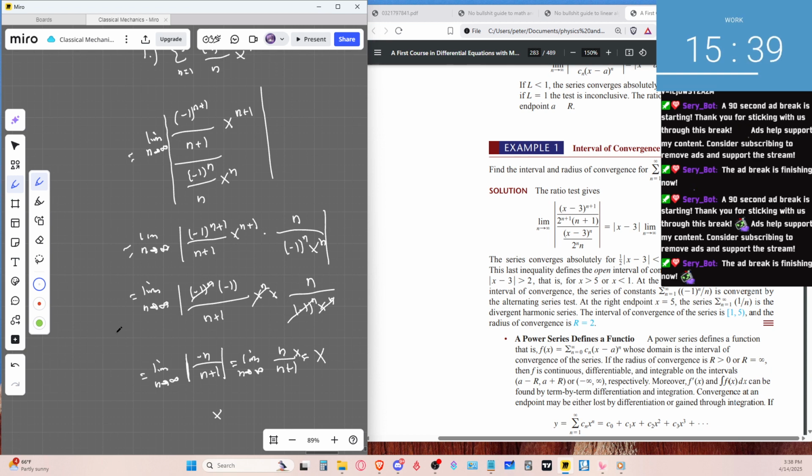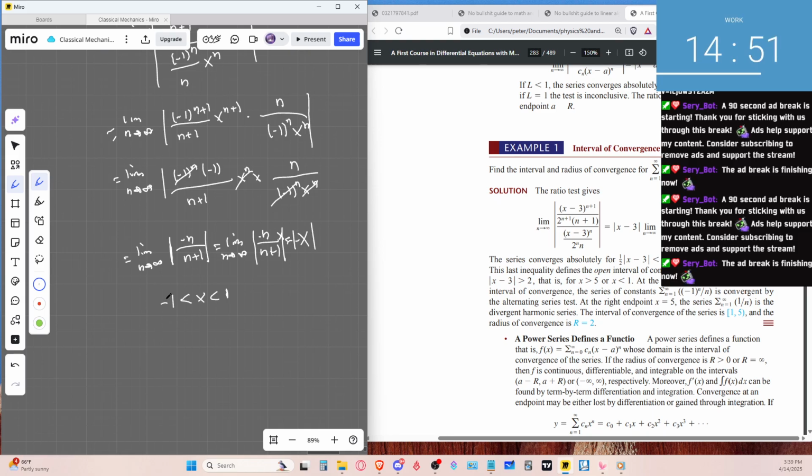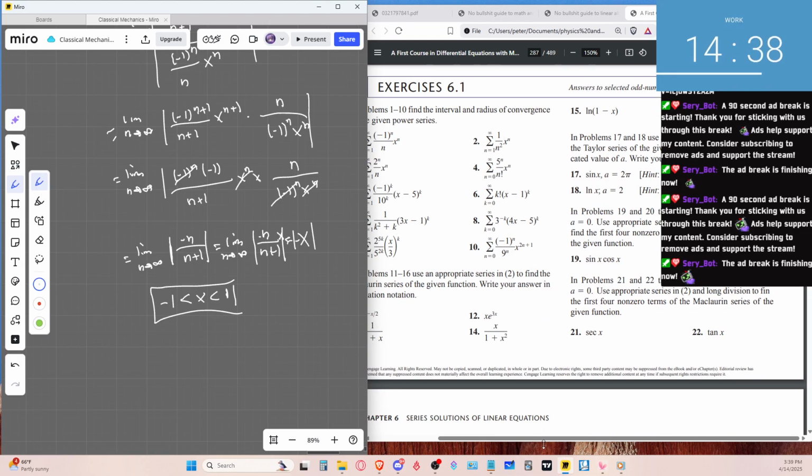So that means that's the radius of convergence, or the interval of convergence, I should say. So that one's number 1, right? Yeah, that's number 1.